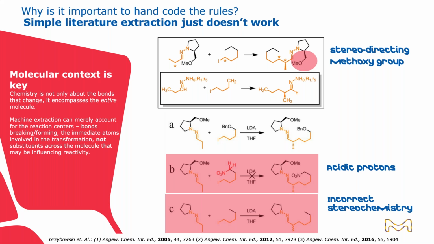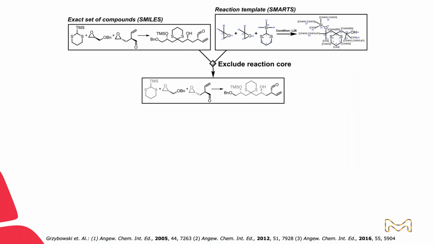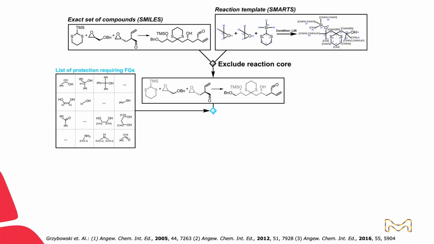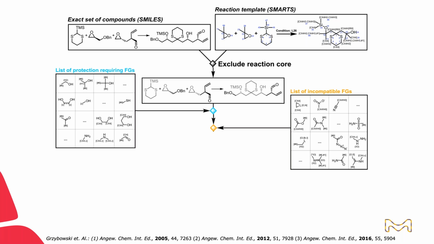So for this reason, we switched to hand coding the rules, which allows us to give all of this molecular context information to the rules so that it can look at the whole molecule more like a human chemist would. And how it does this is, so when a rule in Cynthia is applied to a reaction, the first thing that it does is it will then extract and exclude the reaction core so that it can look at the rest of the molecule to determine if there are any functional groups present that need to be protected, or if there are any incompatible functional groups.